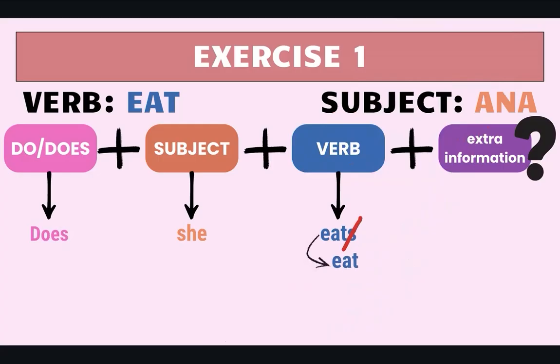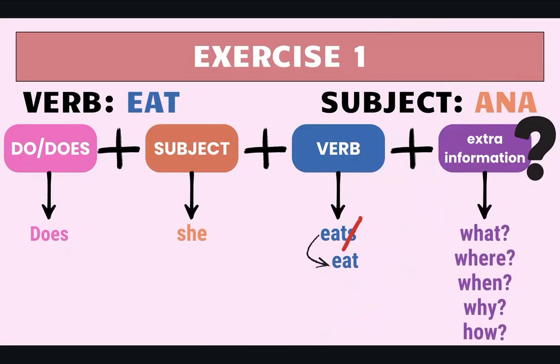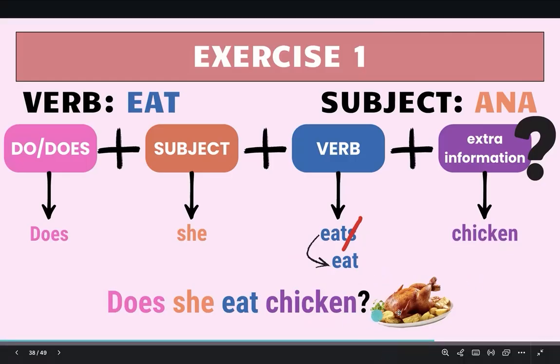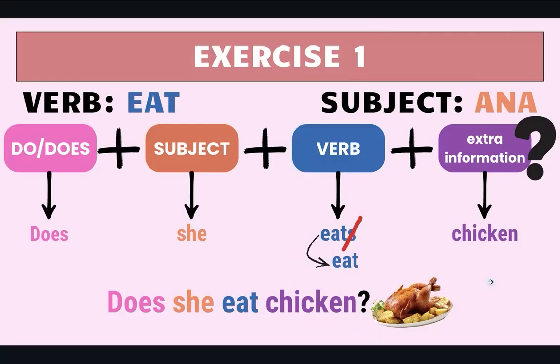It stays in the base form. And then the extra information is, what do we want to know if she eats? We want to know if she eats chicken. So our sentence is, does she eat chicken? Remember, when we're writing in English, we always put a question mark at the end of our question.